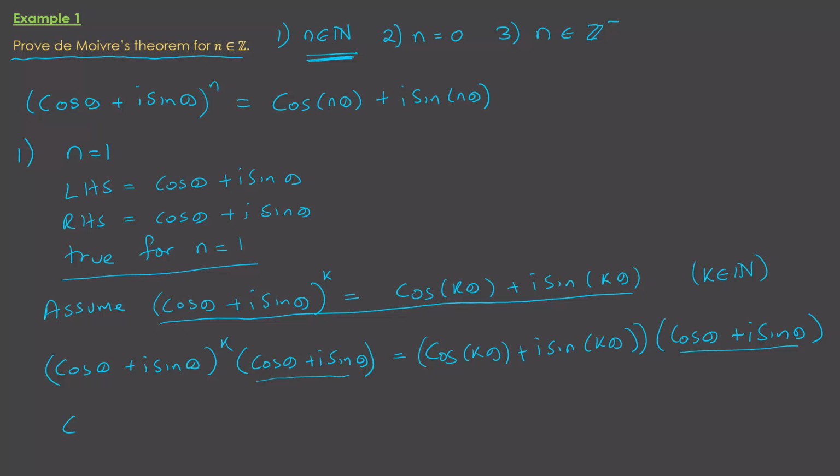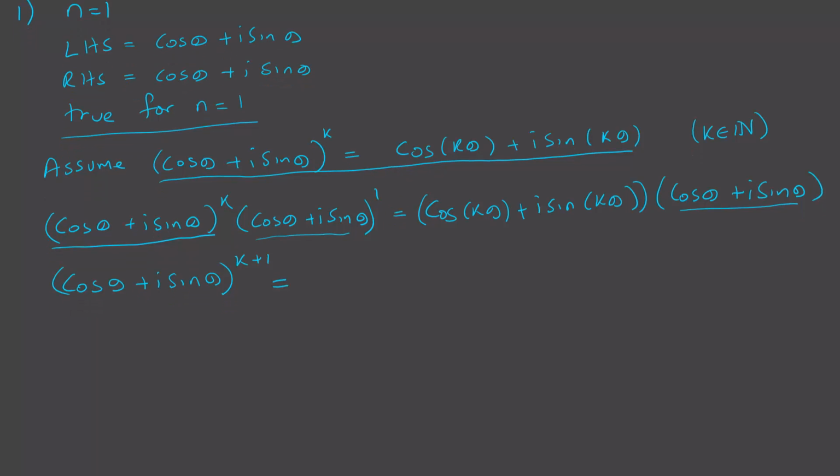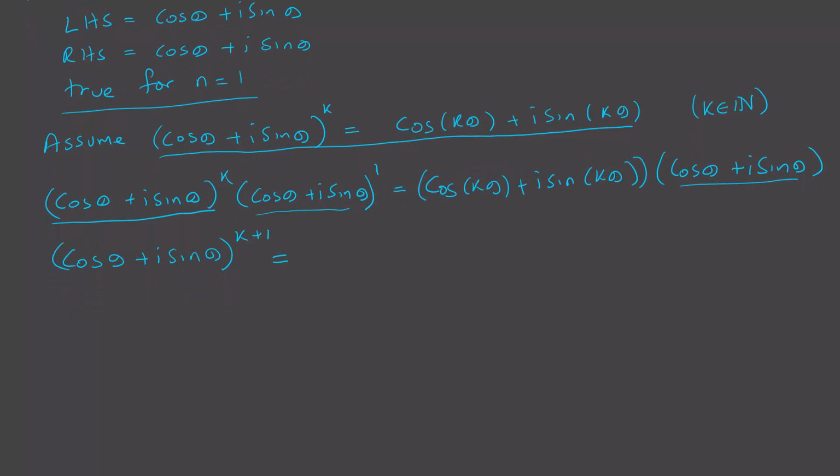And of course, the left-hand side is (cos theta + i sin theta) to the k + 1, because I've just multiplied (cos theta + i sin theta) to the k by (cos theta + i sin theta) to the 1. And what we're interested in is what happens on the right-hand side. And to do that, of course, what we need to do is expand out. So I'm going to get cos k theta times cos theta.